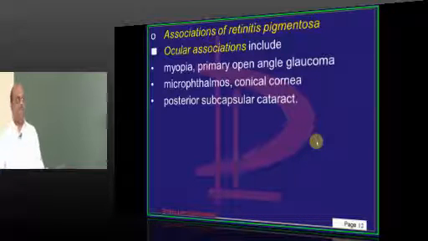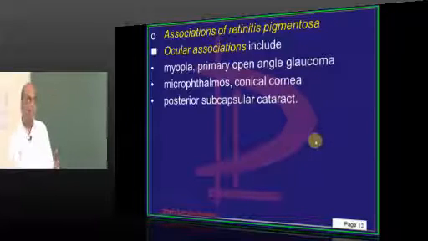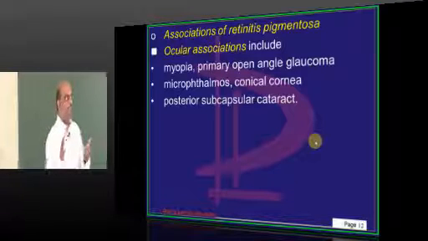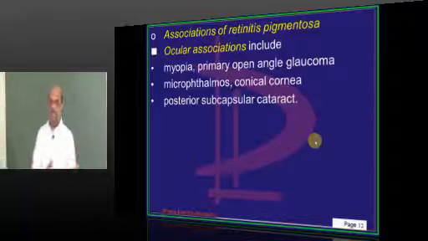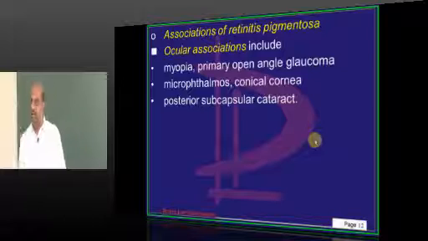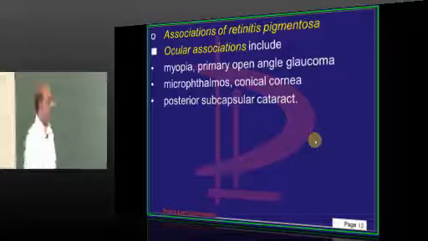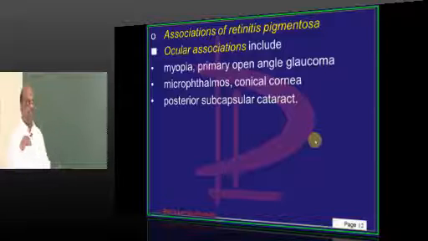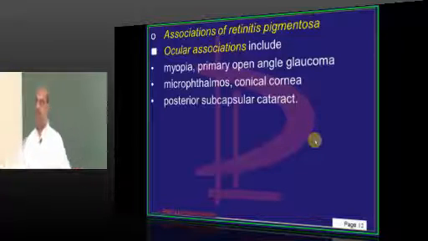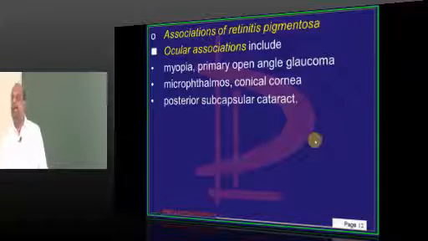Now what are the associations? Is there any specific subset of population with other ocular conditions who can develop this retinal rod degeneration? Yes, sir. Myopia, open angle glaucoma, microphthalmos, or any posterior subcapsular cataract.